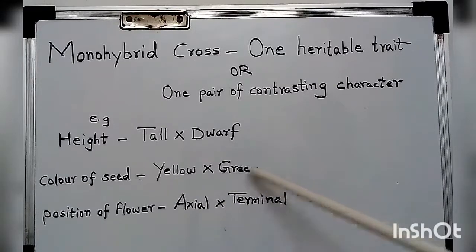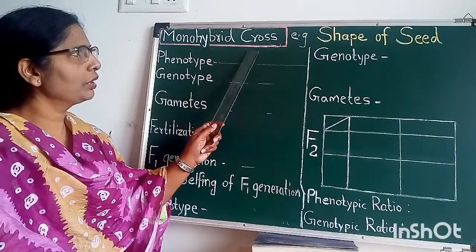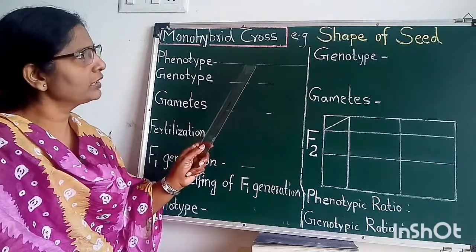In position of flower, axial is dominant while terminal is recessive. So all these are dominant traits and all these are recessive traits. Because until and unless we know which is dominant and which is recessive, we won't be able to perform a cross. Now we'll see monohybrid cross with the help of an example.